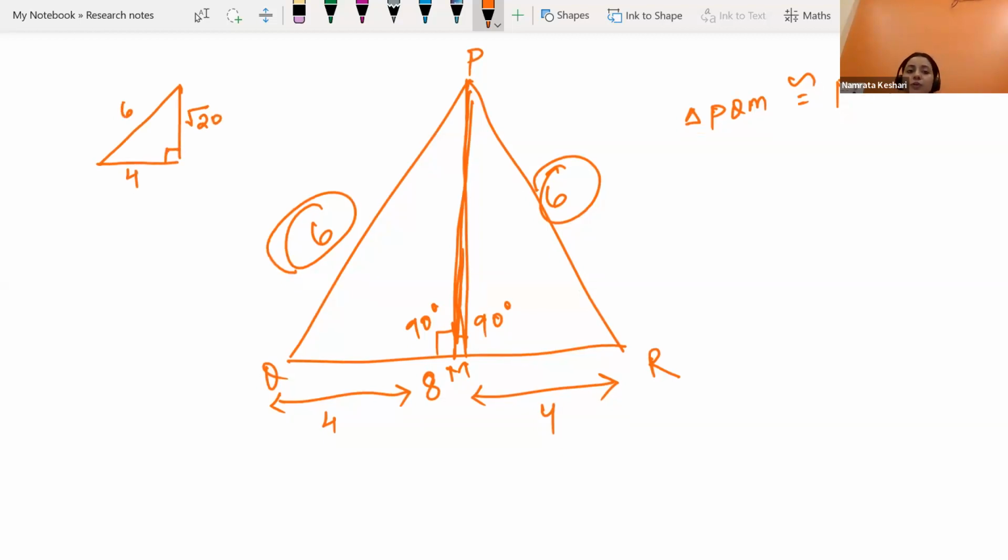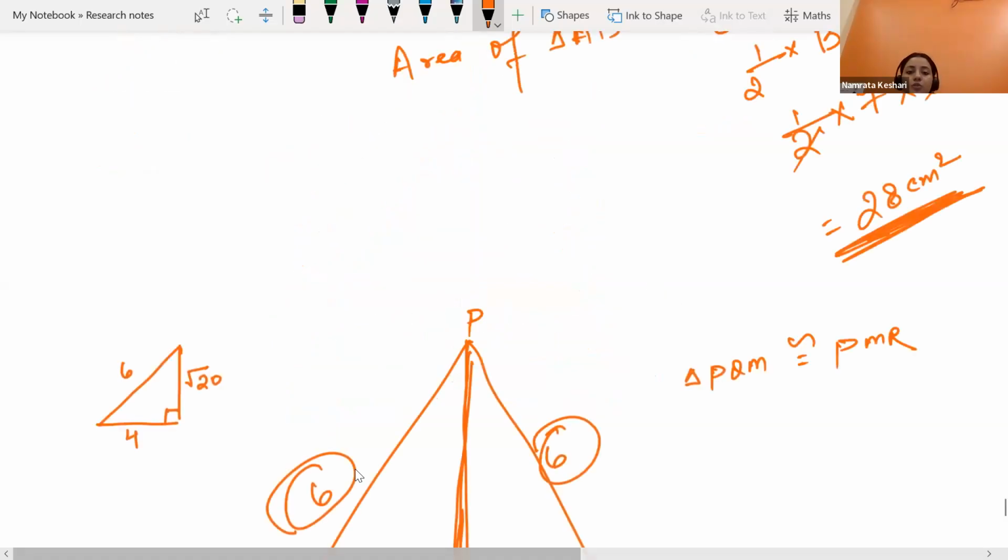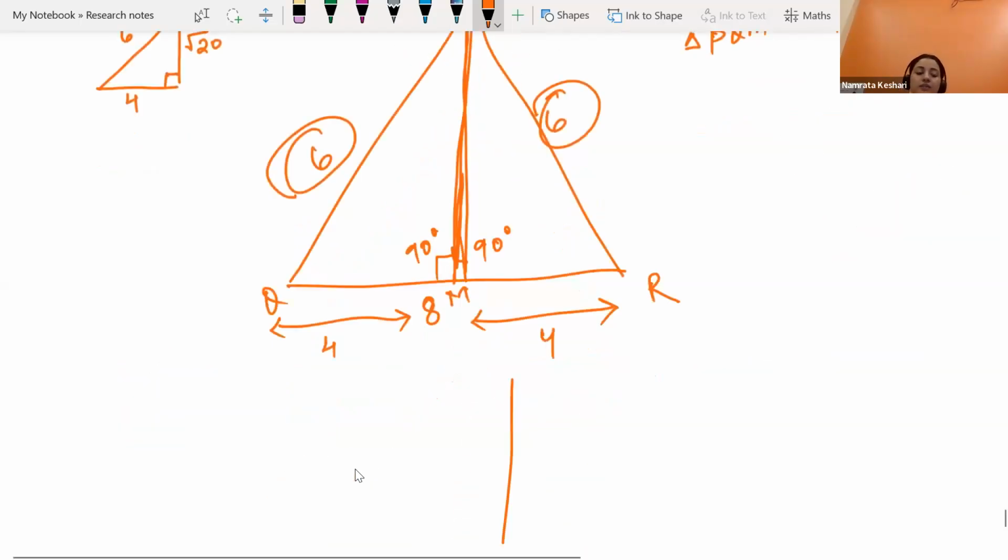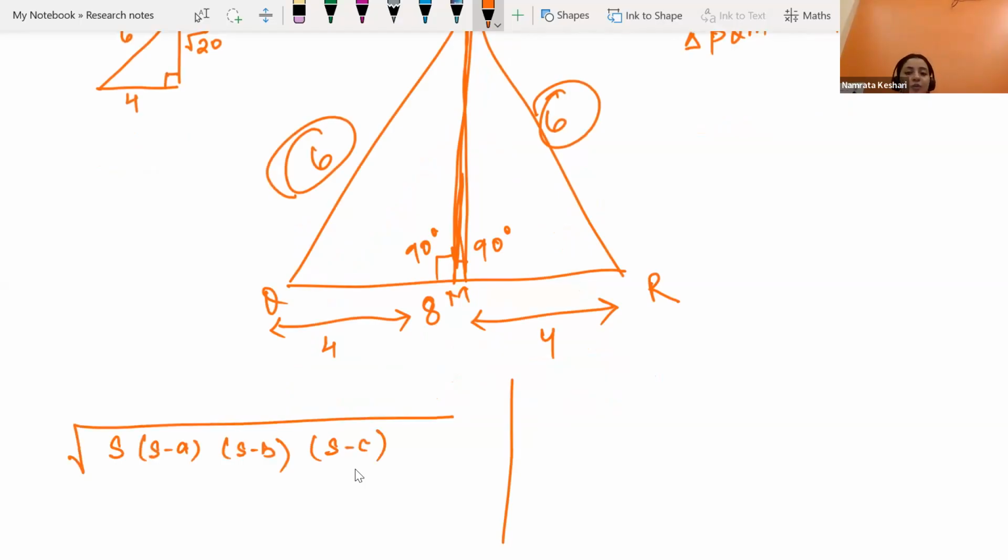Now if we try to find the area using Heron's formula, that is under root s into s minus a, s minus b, s minus c. Everyone getting what I am writing on the screen? Okay, it is creating more confusion, I think, because you are not able to connect the concept that way.